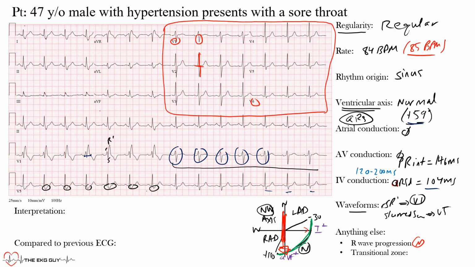Maybe a little more negative, we'll say, but then clearly here, this becomes more positive, okay? Now, normal transition is between V3 and V4. This one seems to occur right between V2 and V3, okay? Because it's occurring before that V3 to V4 area, we call this an early transition, which is also considered a counterclockwise rotation, okay? So the same thing there.